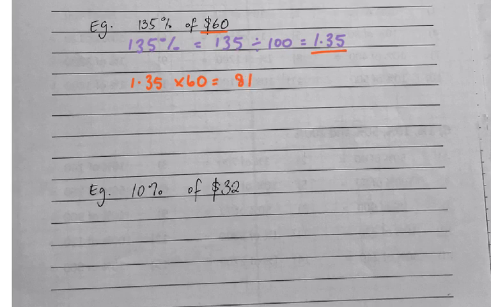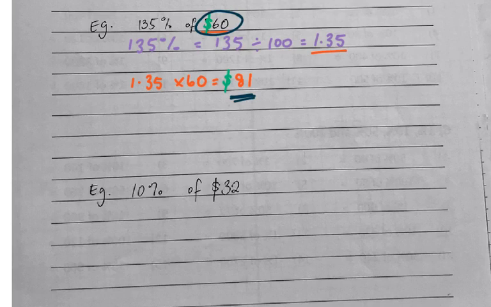And if you remember, the last step is to include any units, and I can see here that there is a unit, it's a dollar sign, so my answer is $81. I want you to have a quick look at this question. If you have a look, the answer is greater than my original amount, which was $60. Now normally when we say a percentage of something, you normally want a lower number.